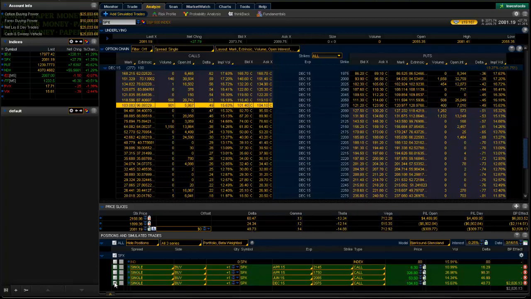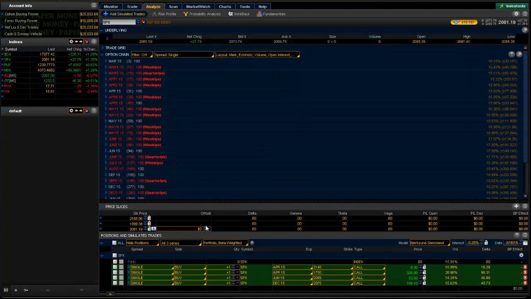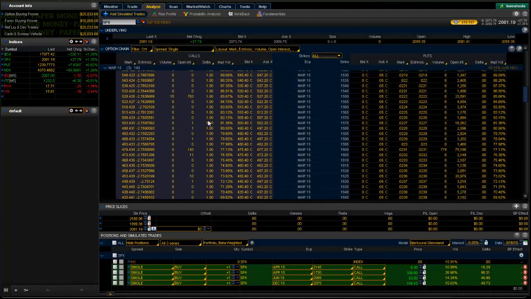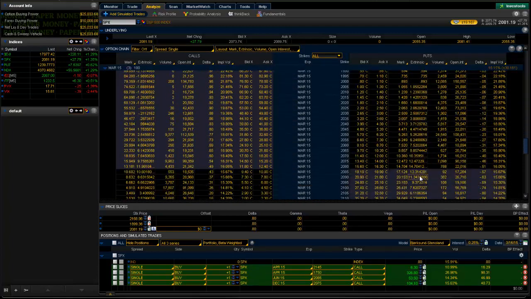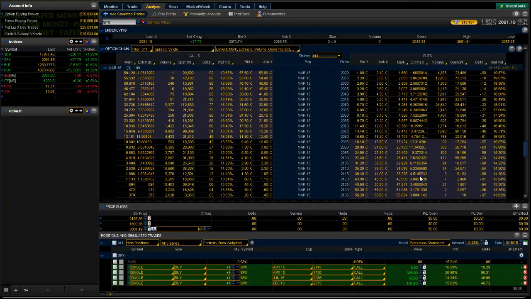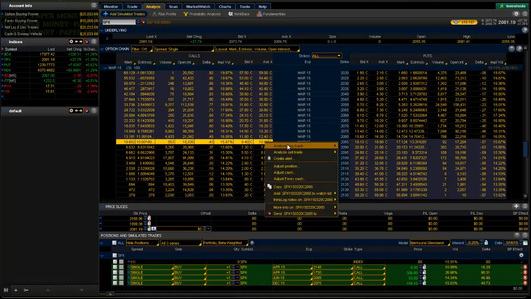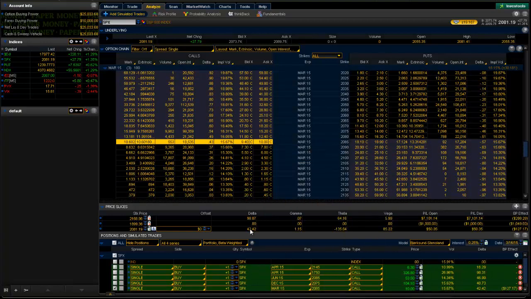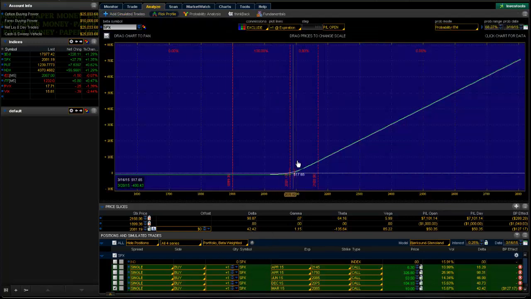So the farther out in time you go, that delta is less and less influential as you get closer and closer to expiration. However, look at how much more important this delta becomes. If I came right at the money here, 3 days to expire, well now my delta is getting less because I'm coming closer to expiration.